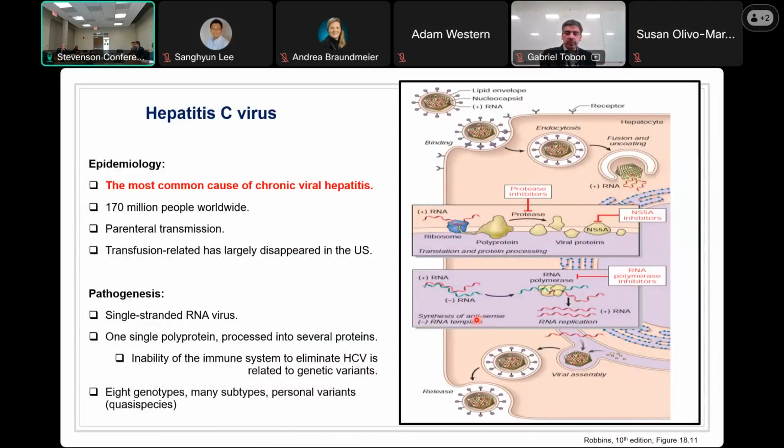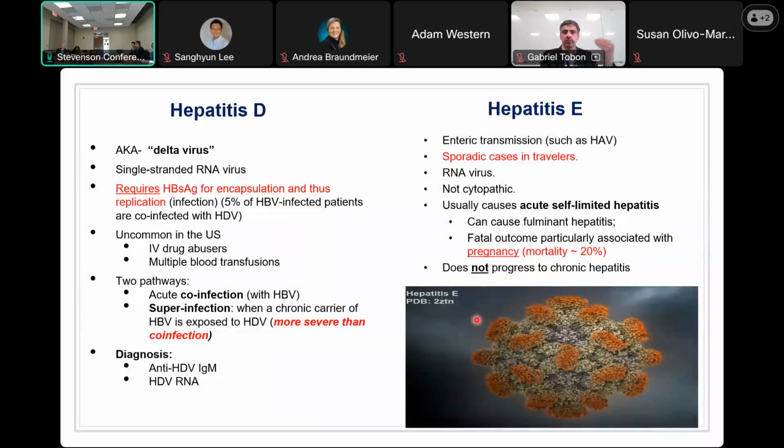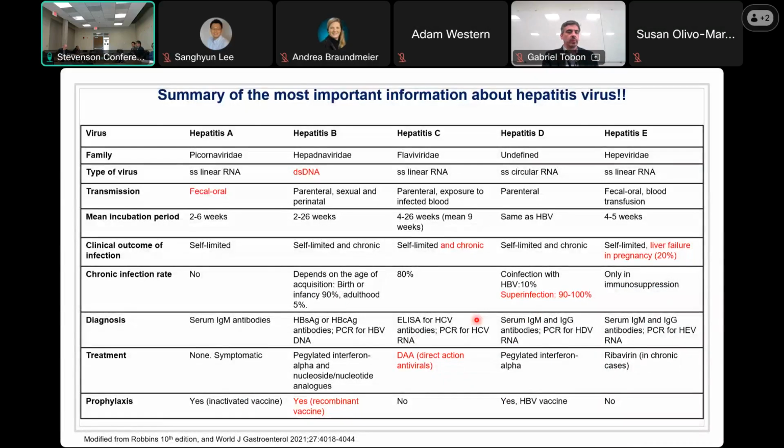Hepatitis C is the most common cause of chronic hepatitis. Then we talk about hepatitis D and E. Obviously, we explain every single content here. Then a summary of the most important information. And this table shows the differential between A, B, C, D, and E with the mode of transmission, complications, chronicity.